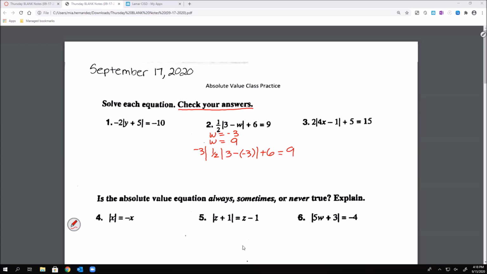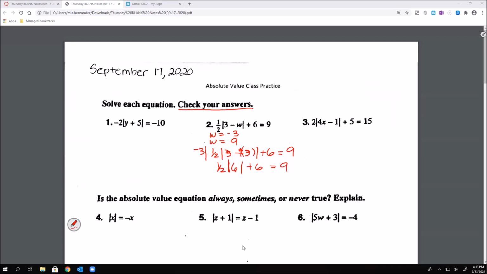So whatever's on the left-hand side should equal out the right-hand side. So I get my 3 minus negative 3, that's the same as 3 plus 3. Now I get 1/2 times the absolute value of 6. So rewrite a few things here. Okay. 1/2 times the absolute value of 6 plus 6 equals 9. Let's keep going.